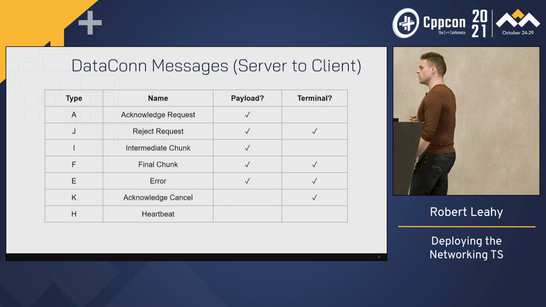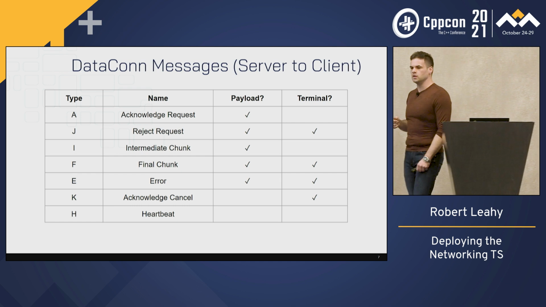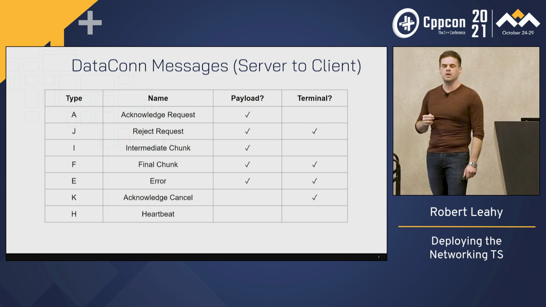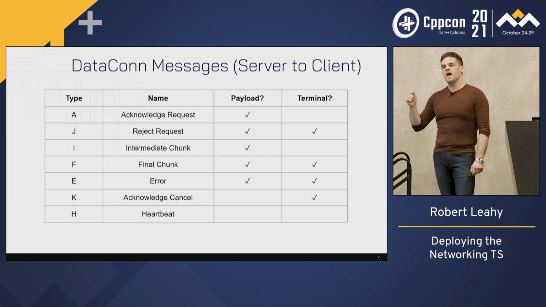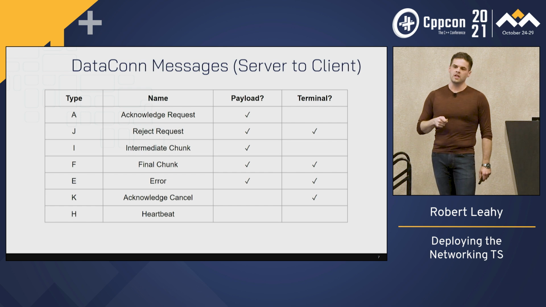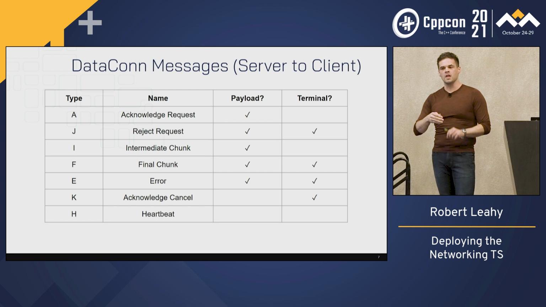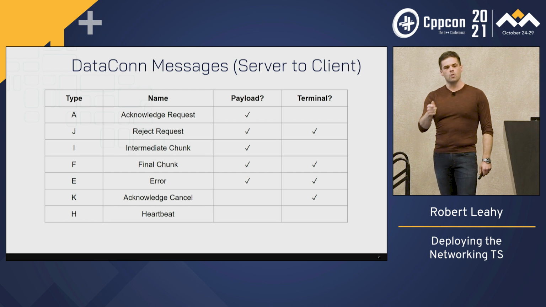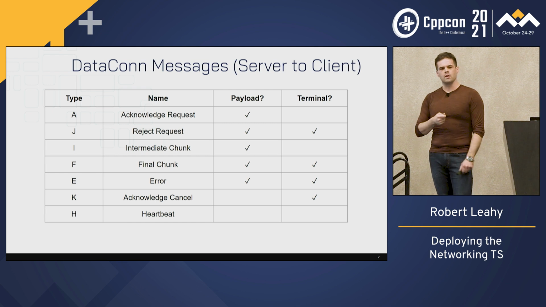The reject request, on the other hand, has an application-specific payload which describes why the client is being rejected. And this message has a new property. It's terminal. When the client receives this message, they know the connection has transitioned back to the idle state. They know that the response they tried to set in motion is now over and that they can send a request anew.